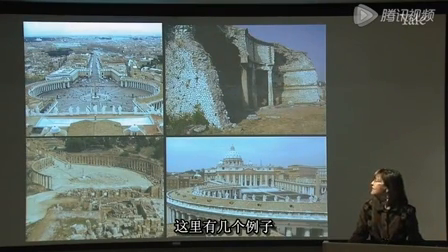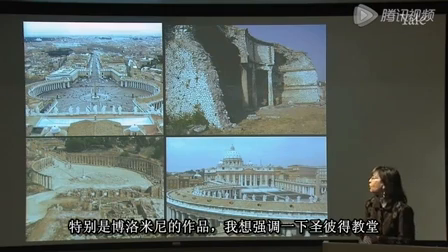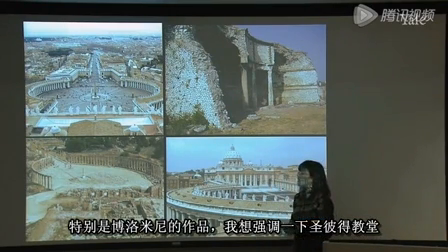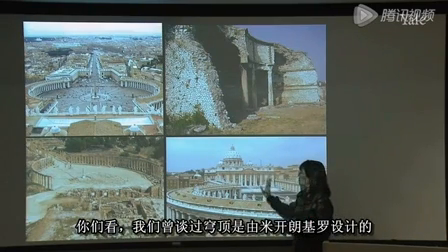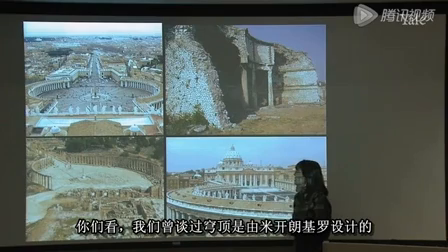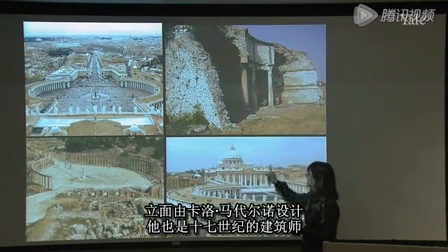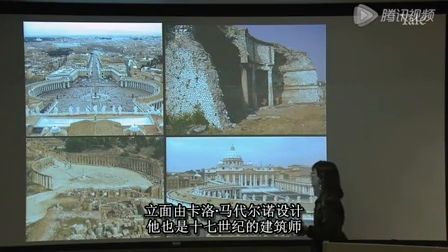And I'll show you a number of examples in the course of the lecture today, especially Borromini's work. But I wanted to focus right at the moment on St. Peter's, San Pietro. You see it here. St. Peter's as designed, the dome is designed, as we've discussed before, by Michelangelo. The facade was designed by Carlo Maderno, also a 17th century architect.